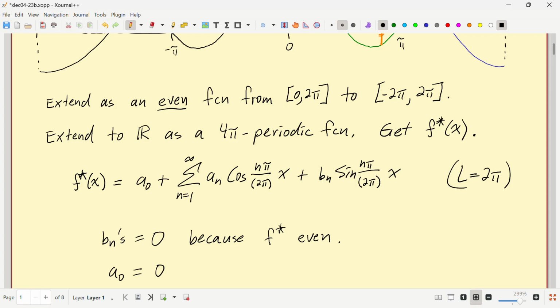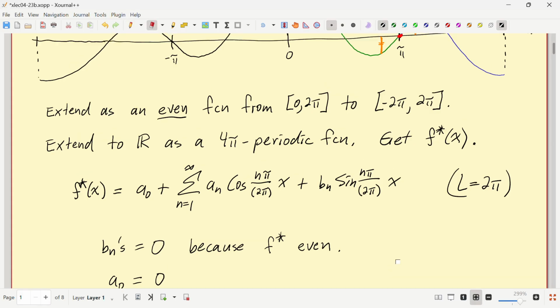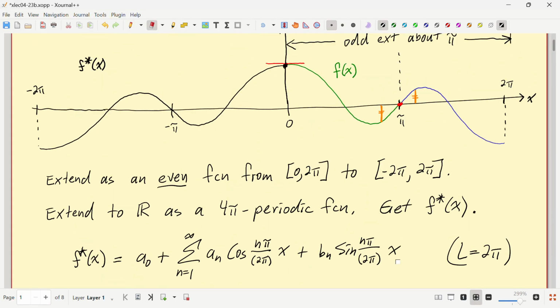Good news is because I took an even extension to the other side, the left side, all the bn's are 0 because f star is an even function. So all the sine terms go away. That's looking good. Also, think about a naught. A naught is the average of the function. And the odd extension over there would make those areas cancel. And the same thing would happen on the left.